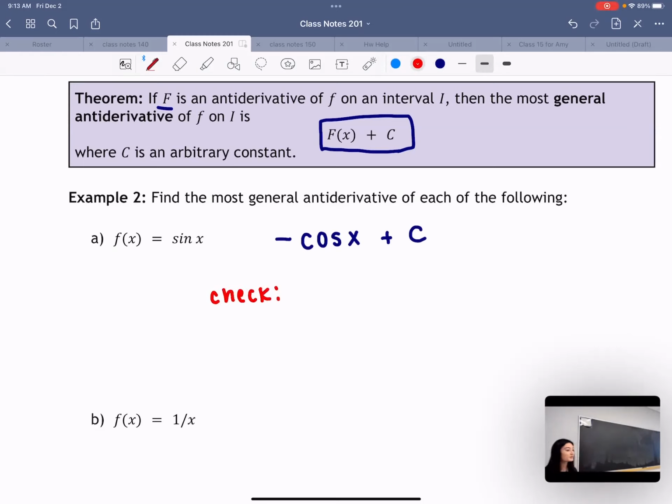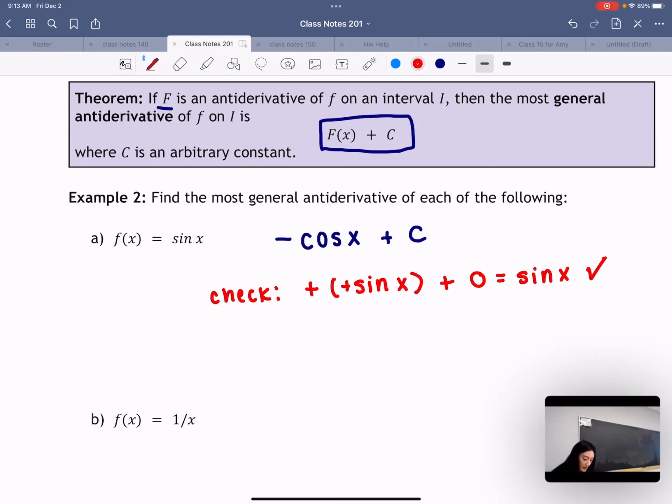We can take the derivative of this function. The derivative, well, the negative stays there. The derivative of cosine is negative sine, and the derivative of any constant c is 0. So the negatives cancel out, and it looks like the derivative is sine. So it looks like I actually found a function whose derivative is sine x.